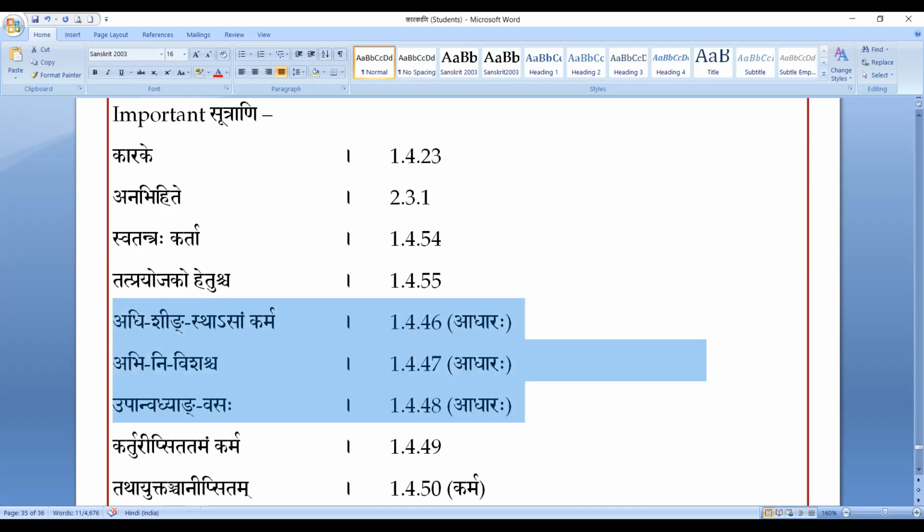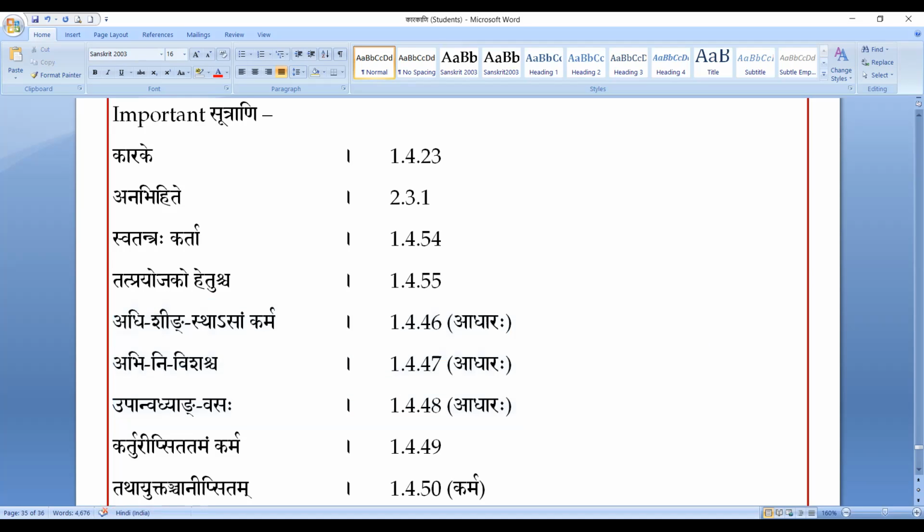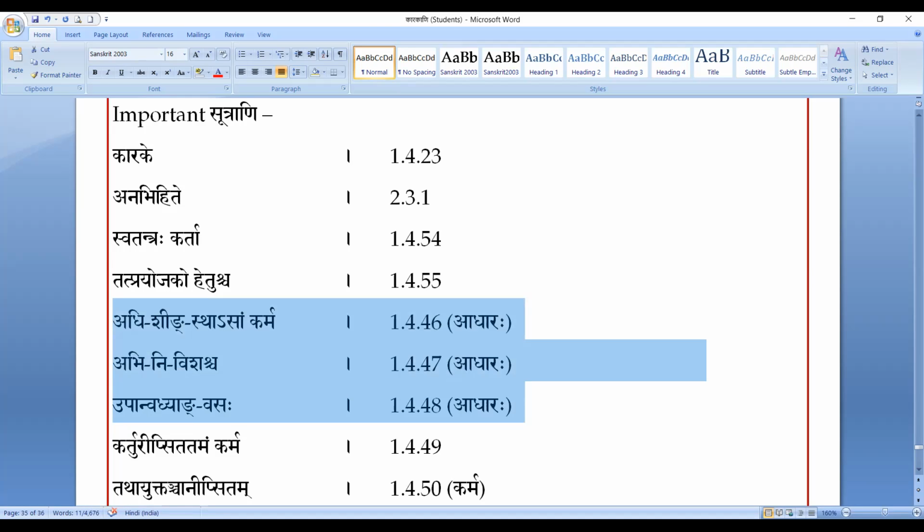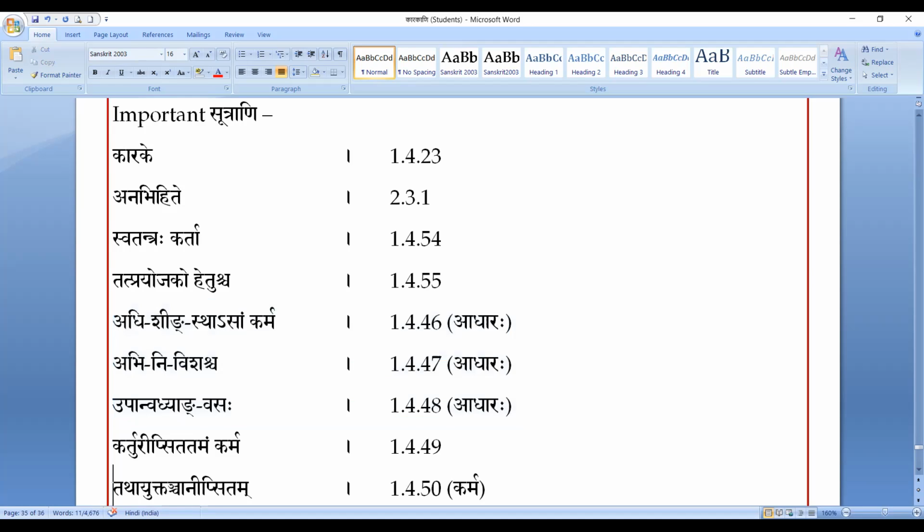These three, which are supposed to be Adhikarana, because of the upasargas for certain dhatus, the Adhara will get the name Karma, and therefore Karma Karaka, Dvitiya Vibhakti. There are many other sutras, but these three are enough for our study now.